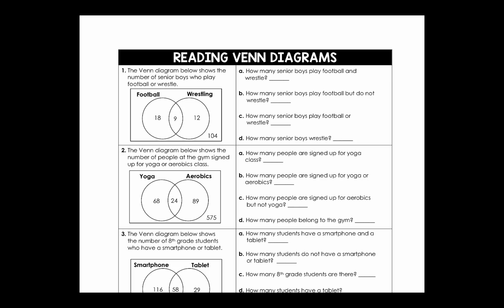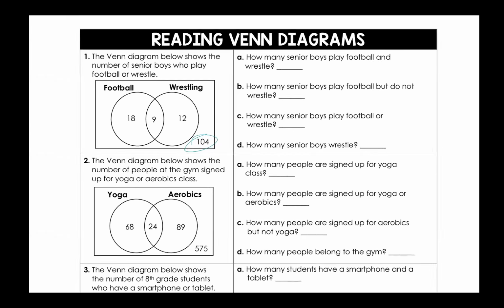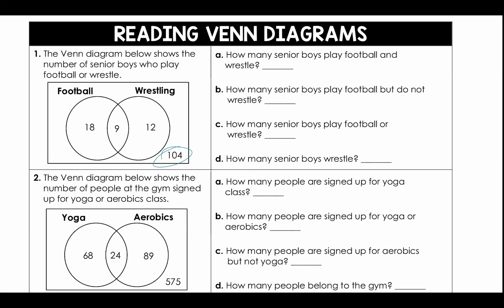And then, so you've got 18 that only play football, 12 that only wrestle, 9 that do both, and then down in the bottom corner, you've got 104 who do neither. Okay. So the first question is, how many senior boys play football and wrestle?